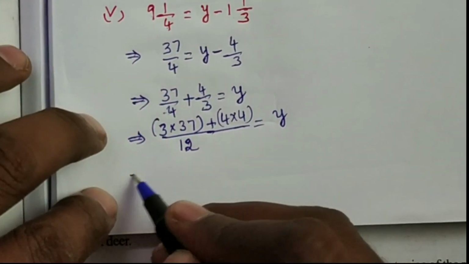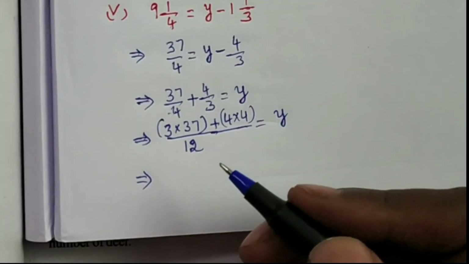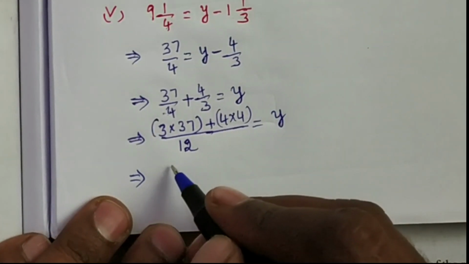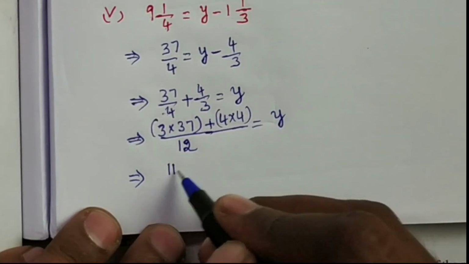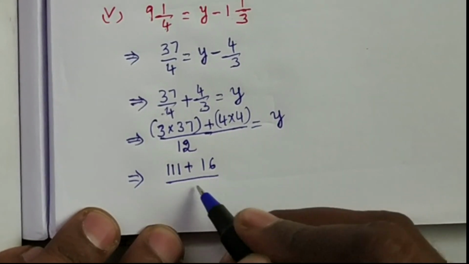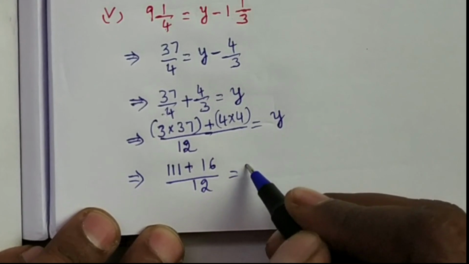Again simplify it. 3 37s are 111 plus 4 4s are 16 by 12 is equals to y.